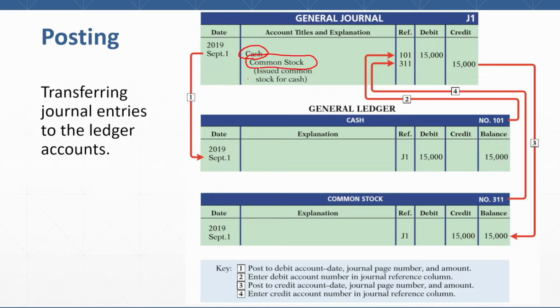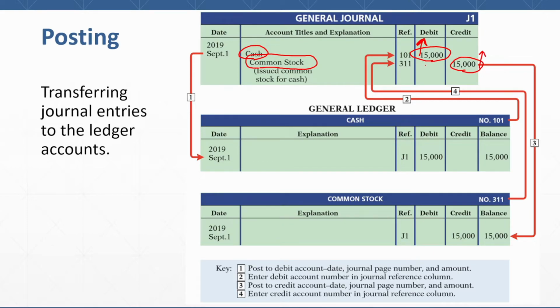These two accounts are changed. Cash is changed $15,000. It is increased. How do I know that? Because cash is an asset, and an asset's normal balance is debit. It is debited, so it is increased. Common stock is increased $15,000. Again, how do I know that? Because common stock's normal balance is credit. It is credited here, so it is increased.